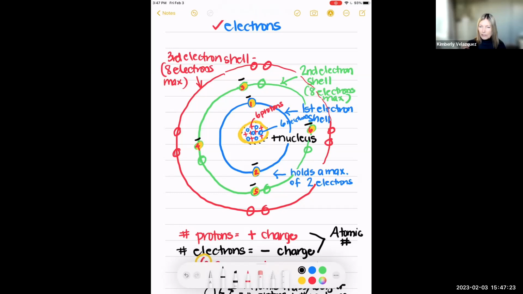There's a very important force at work here called electrical force. Opposite charges attract. In other words, positive and negative are attracted to each other. So the positive charge of that nucleus has a slight pull on those negatively charged electrons.